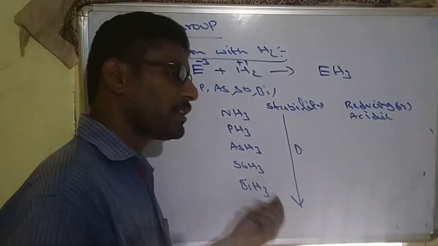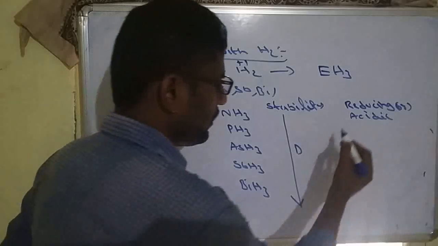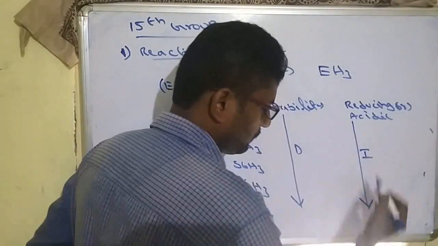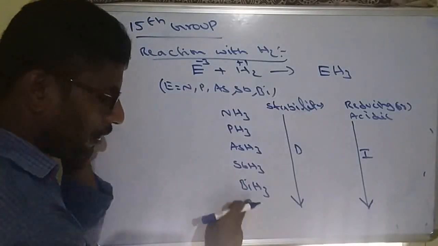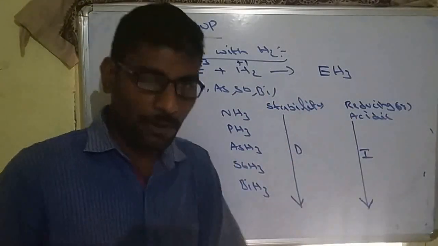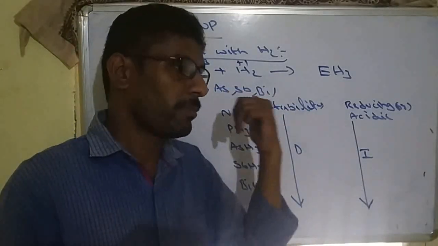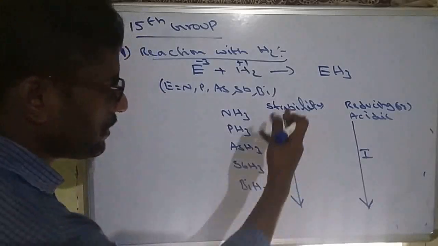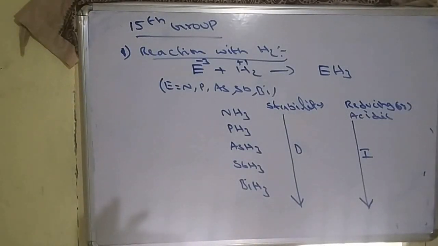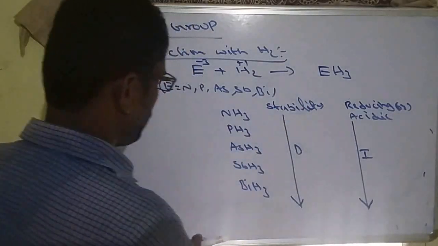Since it is donating H+ ions, it will be acidic in nature. So this reducing and acidic nature increases from top to bottom. I already told you it is unstable and loses hydrogen easily, so this will be strongly acidic. This one holds hydrogen and does not lose it, so it will be weakly acidic. So that is stability, reducing and acidic nature.